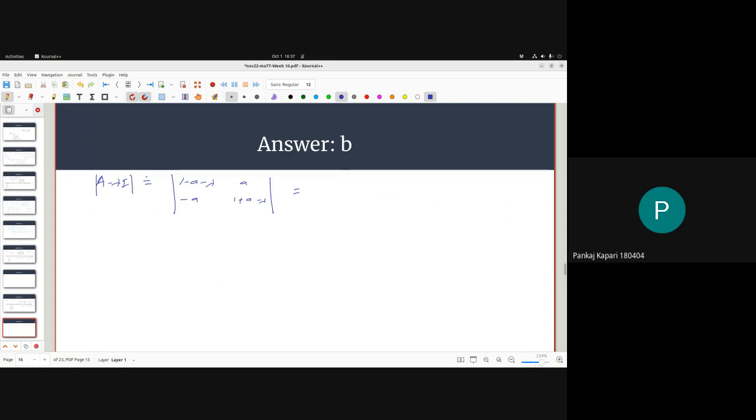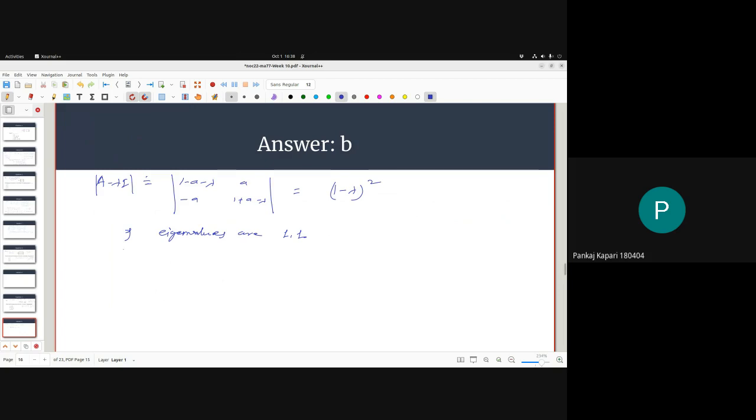If you compute this determinant, you will get (1 minus lambda) squared. So this implies that the eigenvalues are 1, 1. There are two eigenvalues which are equal: one is repeated two times. Now we just find the eigenspace or eigenvectors corresponding to this eigenvalue.